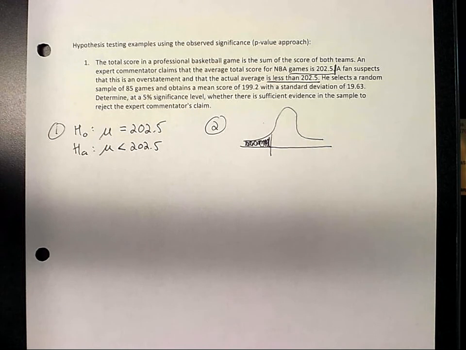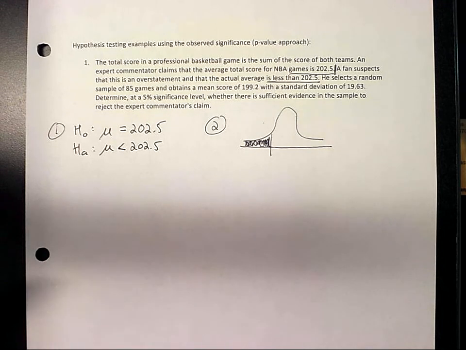Now, like you guys also said, yeah, exactly, that would then be that. If, however, he thinks that this is an understatement and that the actual average is greater than that, well, now this symbol would become greater than, and we would have one rejection region on the opposite side, right? So that's why we're always asked that question. Is there a statement which does not contain equality? And if there is one, then that becomes our alternative hypothesis.